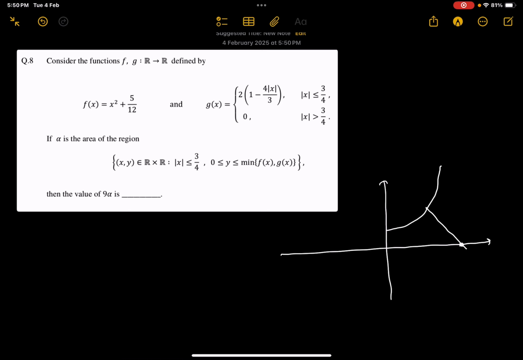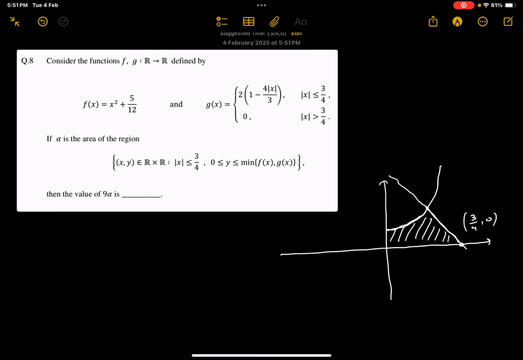So this is 3 by 4 comma 0. So the minimum of f and g is this, and the area is this.